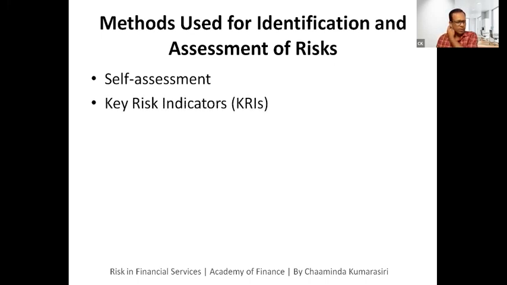The next option is a concept called key risk indicators. I'm going to discuss it in detail later. Here we identify indicators that give you an idea about risk. For example, labor turnover. If labor turnover is increasing, that's an indication of risk because your operational risk can go up.